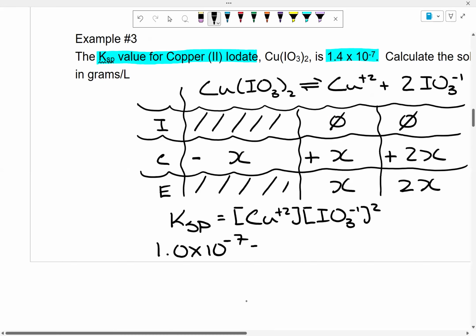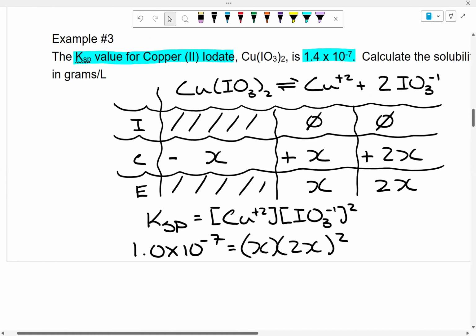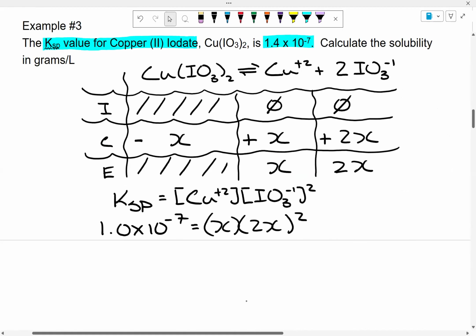And this would be equal to x times (2x) all squared. And when you solve for this, you would have 4x cubed is equal to 1.0 times 10 to the negative 7.